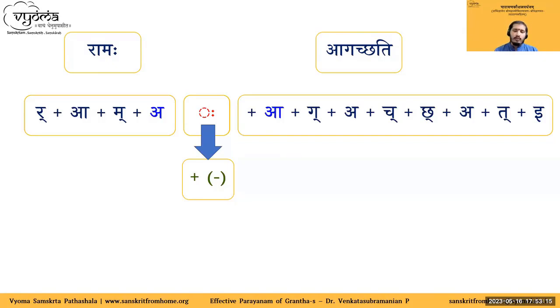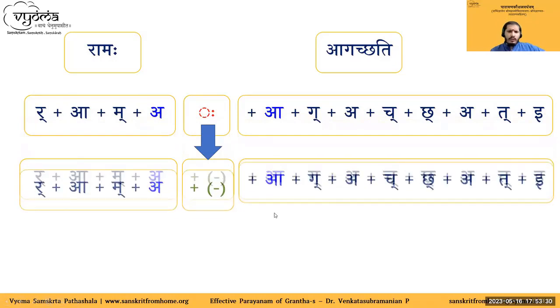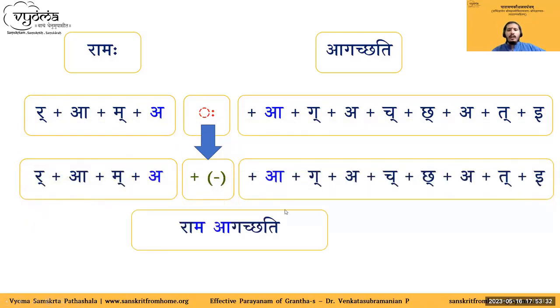So if the Paravarna is any swara except akara, then visarga is deleted. Combining all this, we get Rama agacchati as the final form. We don't see the visarga in the final form.